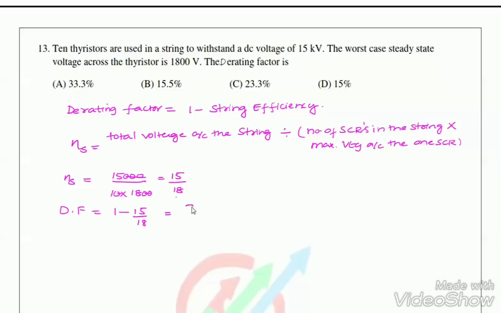You get 3 divided by 18, which is 1 by 6. Now in terms of percentage, the percent derating factor is equal to 100 divided by 6, which is equal to 16.67 percent. But in the given options, the approximate answer will be B only.